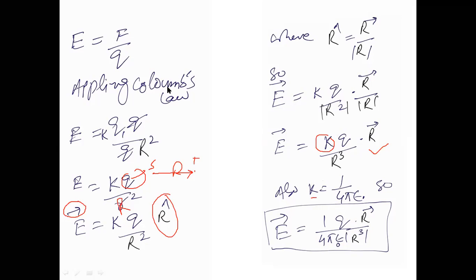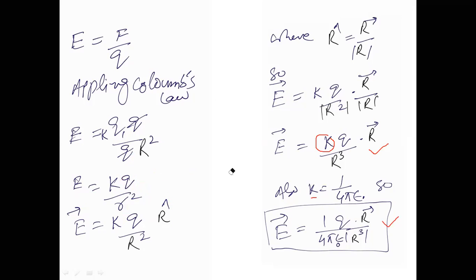This is the formula for the E, and we will use this E formula in the line charges, the surface charges and the volume charges. So let's move on to the line charges, the surface charges and the volume charges, using this derived formula.